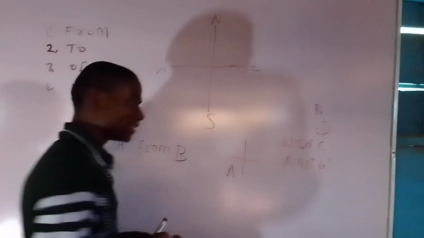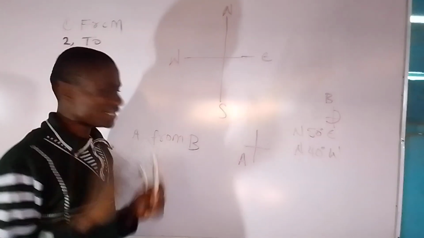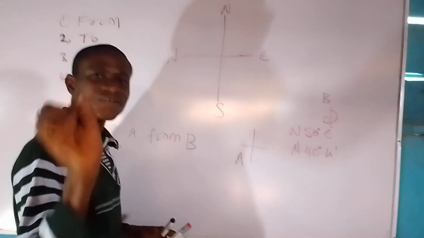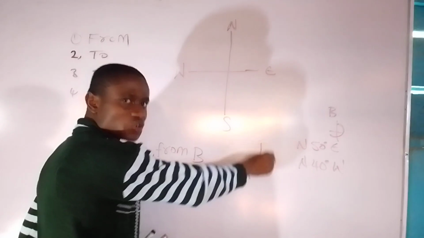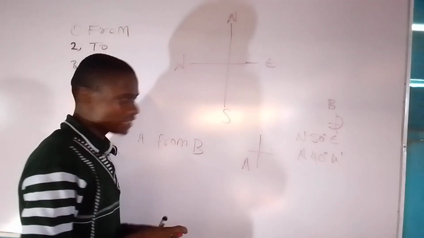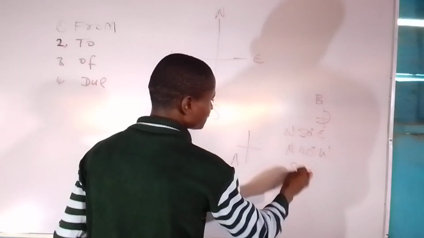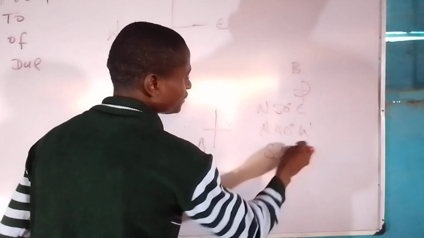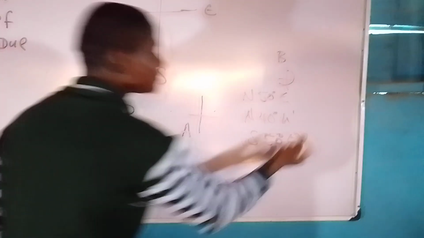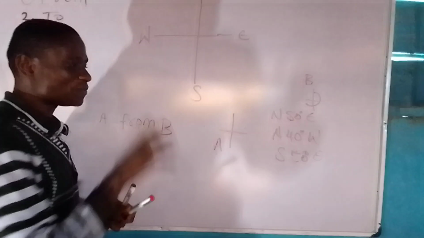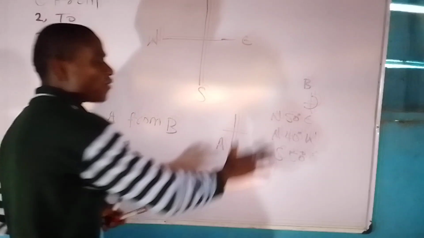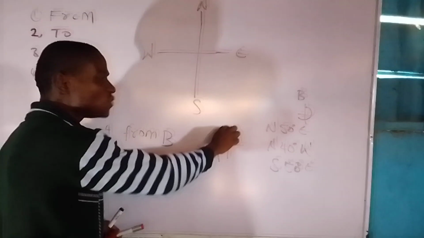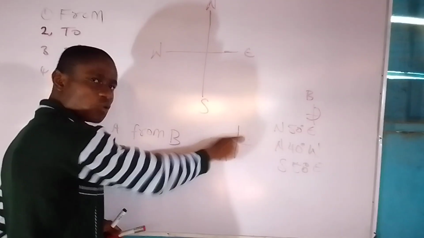It is specified. So if it is not stated, you must always take your reference from the North Pole. Or they say something like south 50 degrees east. This bearing is stated. It is specific. So unless you are given it this way, always start from the North Pole.